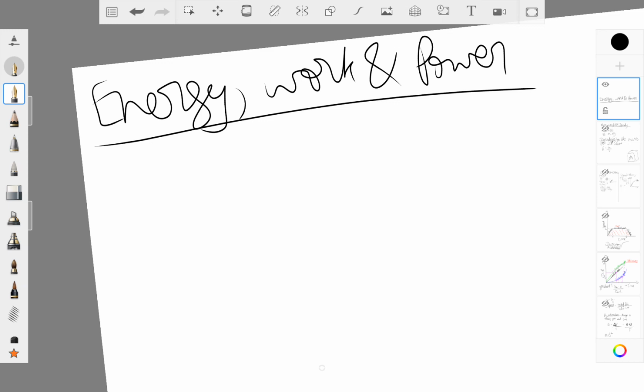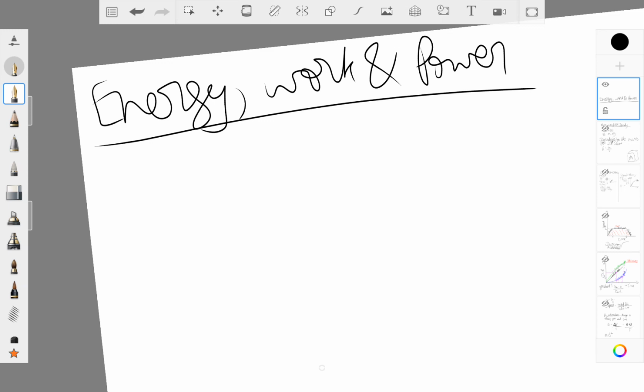Now energy. Energy is just the ability of a body to do work. And the unit for energy is joules, and it's a scalar quantity as I mentioned before. And energy has many different forms.